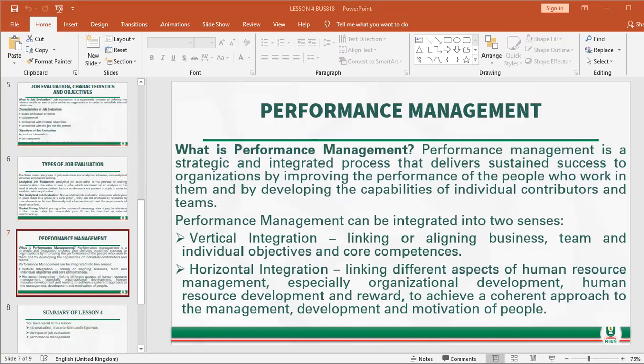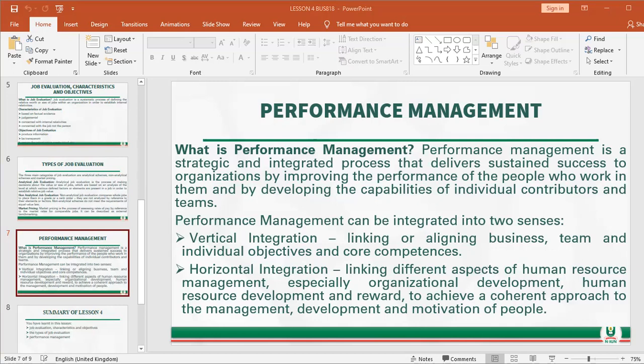Do you understand? So you are linking everything that has to do with the employee: training and development, performance appraisal, compensation, rewards, fringe benefits, and the likes of it. So that's what the horizontal integration is actually talking about.